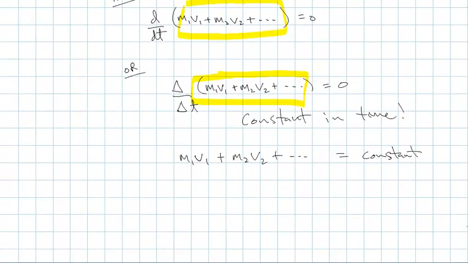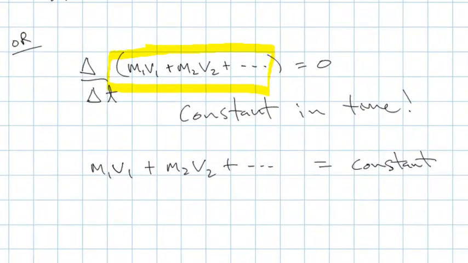So there's something special about this quantity. There's something special about m times v summed up over the entire system. So we're going to give this a special name. We're going to call that momentum.